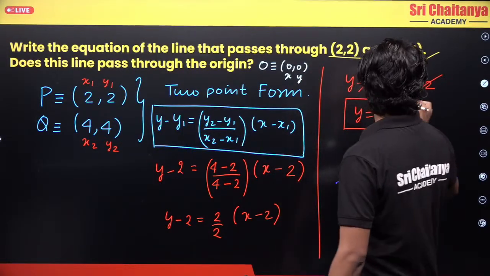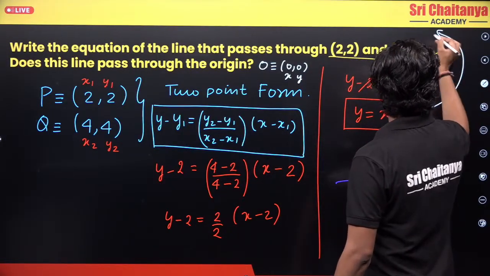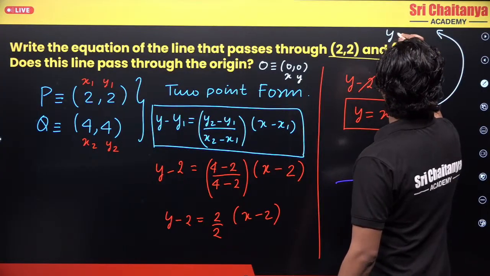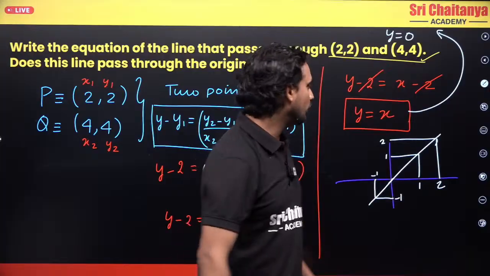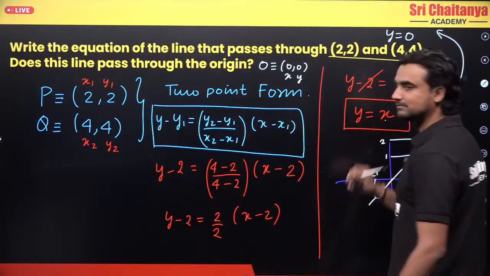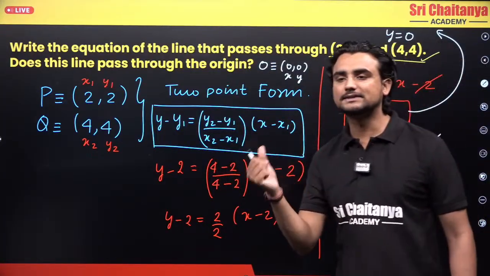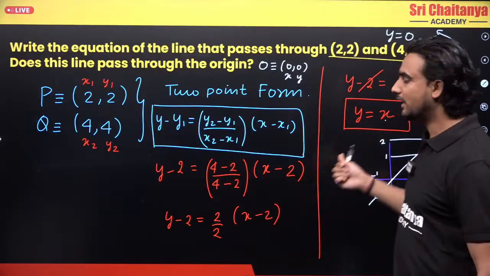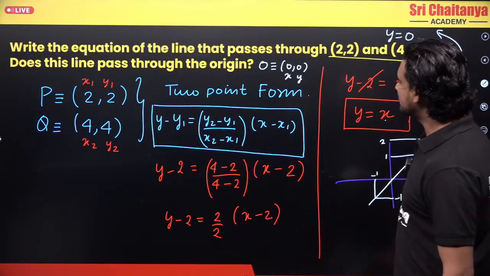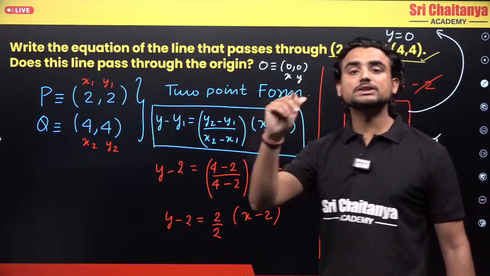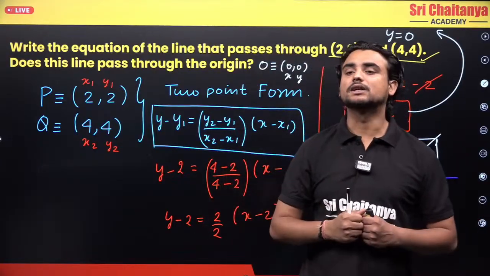If you try to solve this, what is the value of y when x is 0? y is also equal to 0. What I am doing is substituting the value of x, and when I substitute it, I get that for x equals 0, y is also equal to 0. That means this O will lie on this straight line, right? Because it is satisfying this condition.